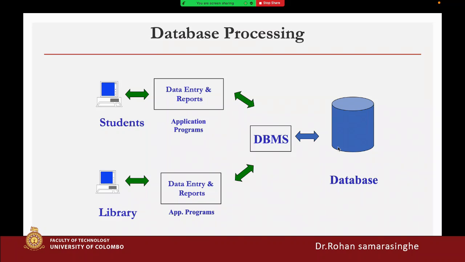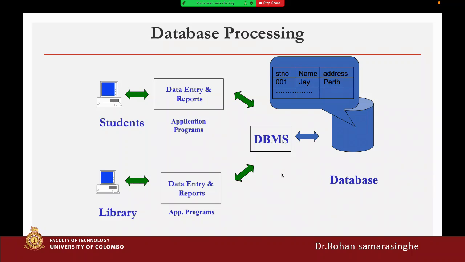So if a student wants to change his personal information, he can request the change in only one place. No need to change it in two places, because the same data is used by multiple users. So we can't find such weaknesses if we use the database with a database management system.